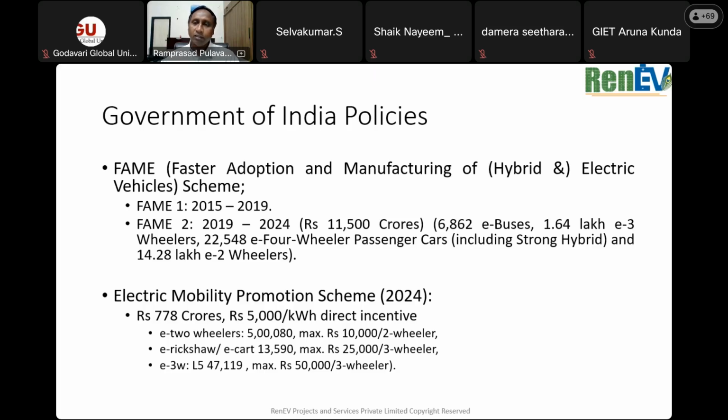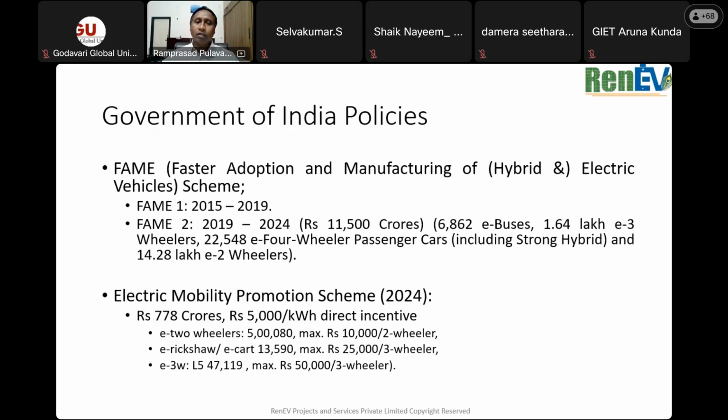We talked about the reason at the start of our presentation: the cost gap between the ICE vehicle and an electric vehicle was very high during the initial phases, because of which the quantum of subsidies to be given was on the higher side.